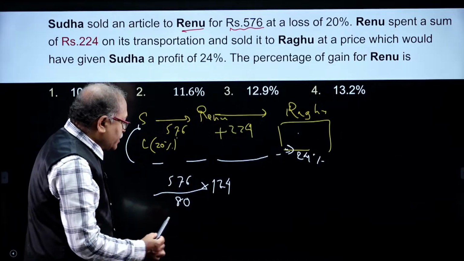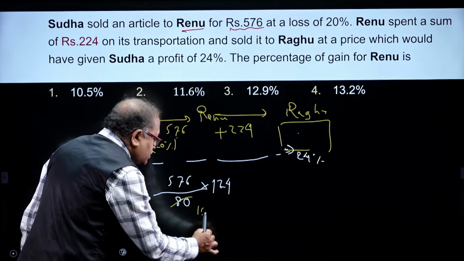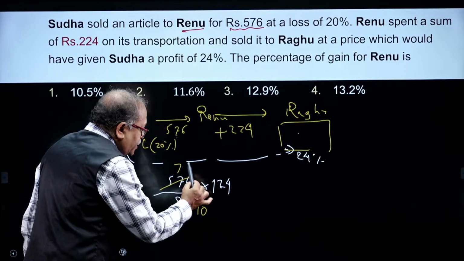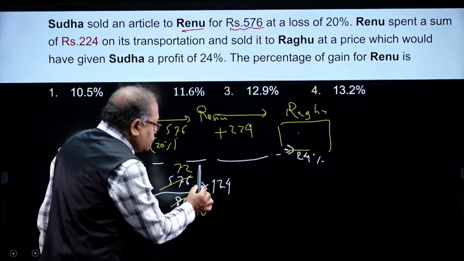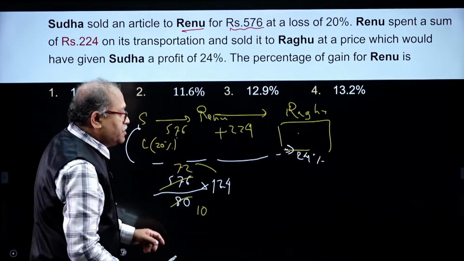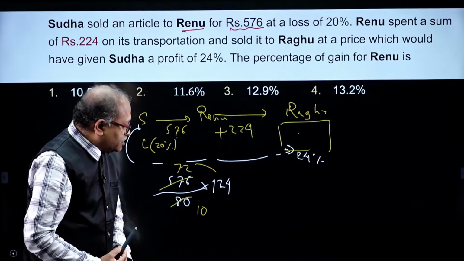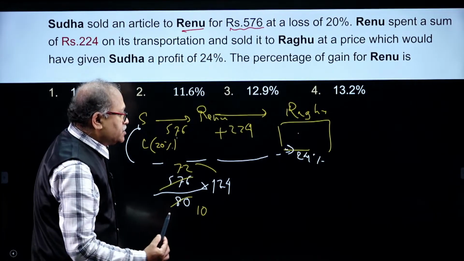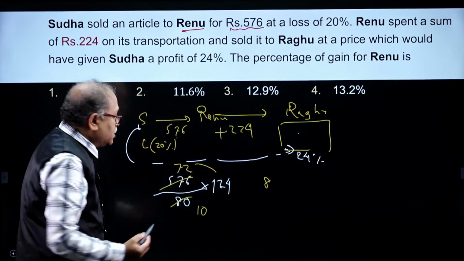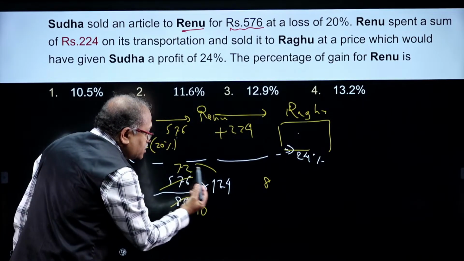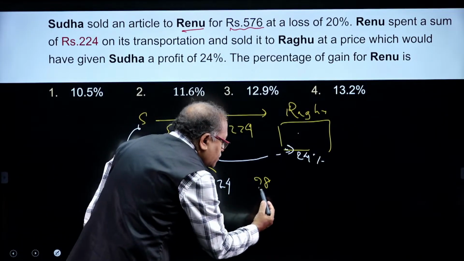The next part: 8 7s are 56, and with 8 this is 10 times, and 8 7s are 56, and 8 2s. I need to multiply these two and then place one 0 here. So how much will that be? 2 4s are 8. Now 2 2s are 4 plus 7 4s are 28, 28 plus 4 is 32, carry 3.